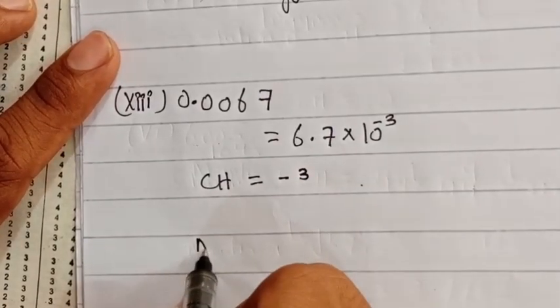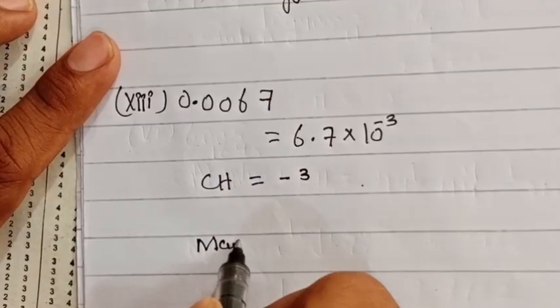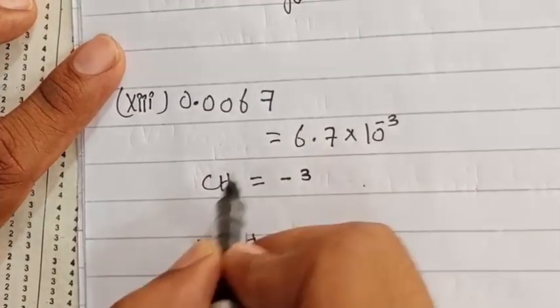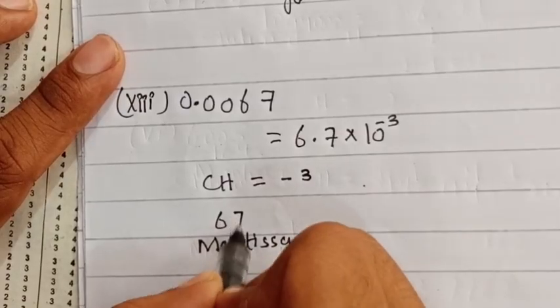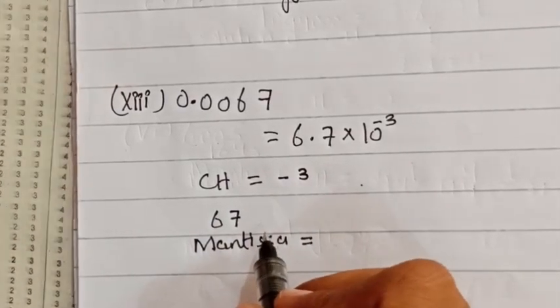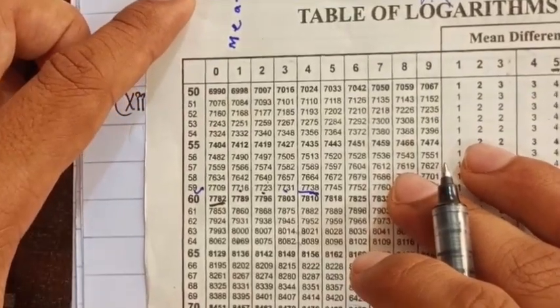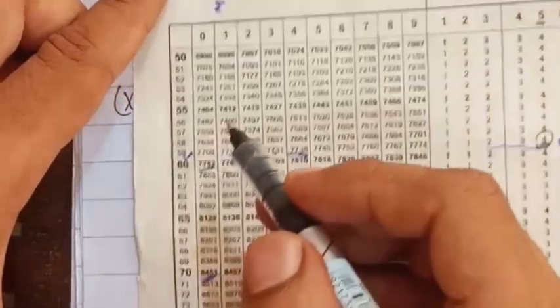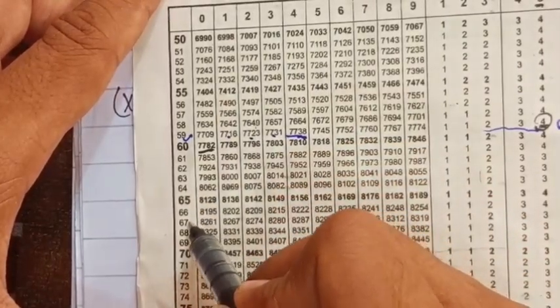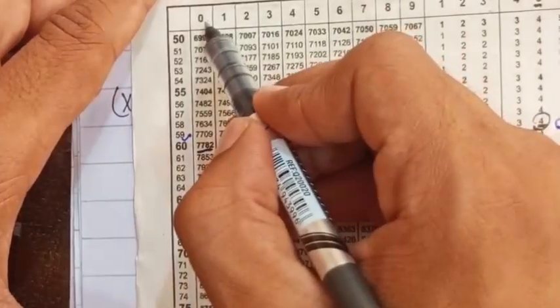So now I will find out the mantissa. For the mantissa I will ignore the decimal point, that will be 67. So I will find out the value of 67 in the 0 column. Okay, see here, 67 is there and it is the 0 column.